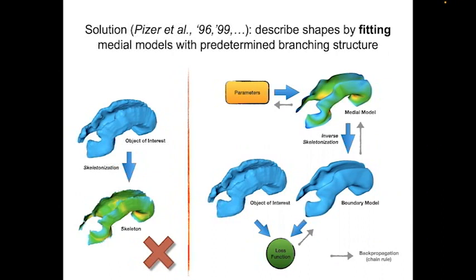These days, nobody takes gradients by hand because PyTorch takes gradients for us, but in my days, we had to calculate all these on the back of a paper, and it took enormous amounts of time to compute these gradients. So I think I've mentioned most of these papers from Blum, Giblin, Kimia, Pizer, and Damon. These are some of the key papers in deformable medial modeling.